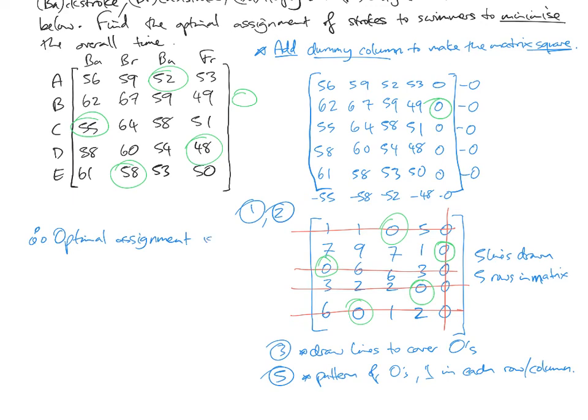Optimal assignment is A butterfly, B doesn't swim. He's the loser one. Doesn't swim at all. Too slow. C backstroke.